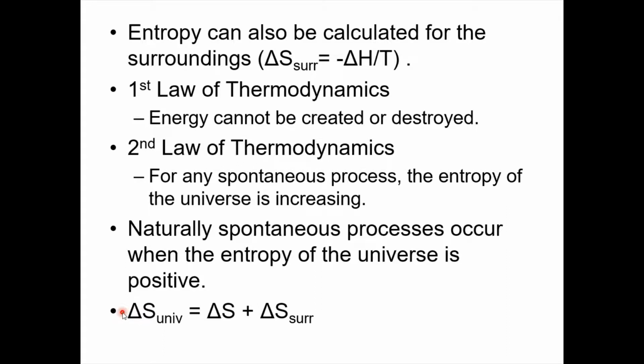The chemical reaction itself is changing the entropy of the chemicals, but it's also changing the entropy of the surroundings. And if the entropy of the system is positive and greater than the negative value of the surroundings, then it's spontaneous.